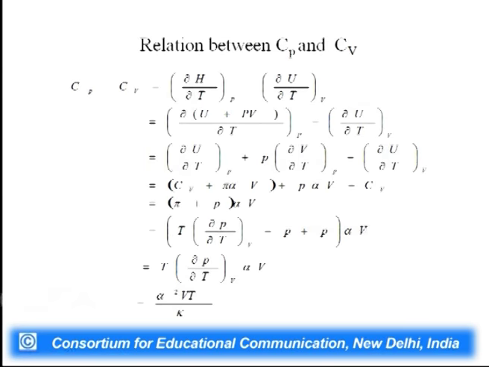Now, once we know how to calculate del H by del T at constant P, we can calculate what Cp minus Cv is.